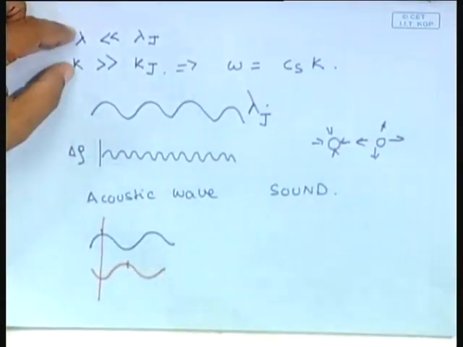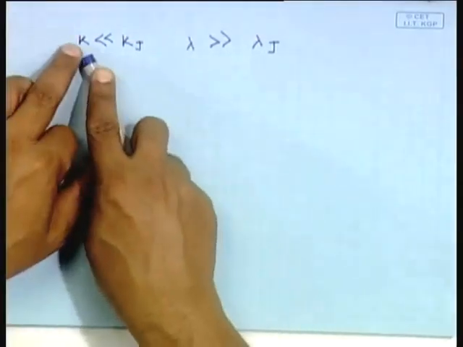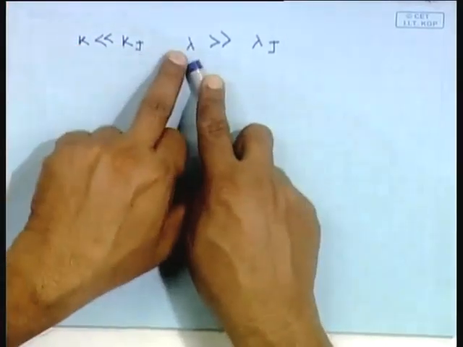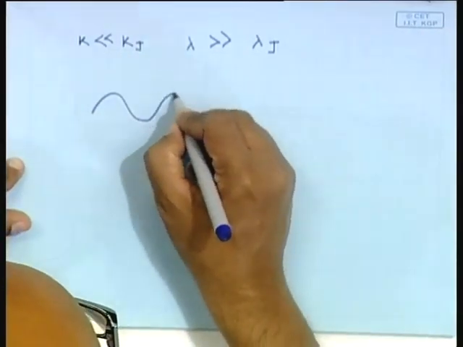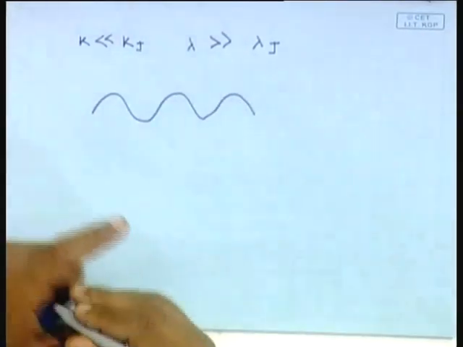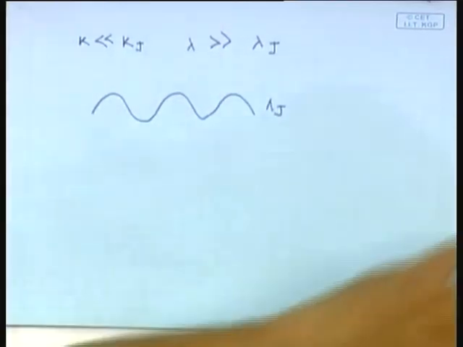They are inversely related, wave number and wavelength. So if this is the Jeans wavelength, the fluctuations that we are dealing with are much larger. So they look something like this.